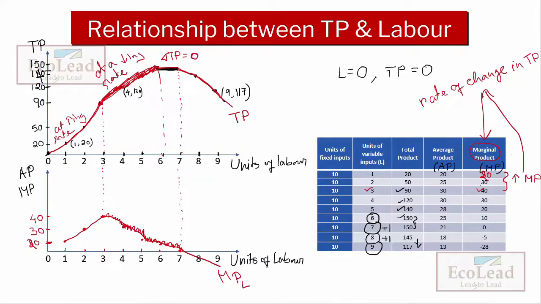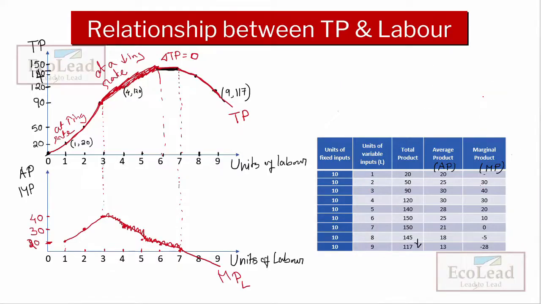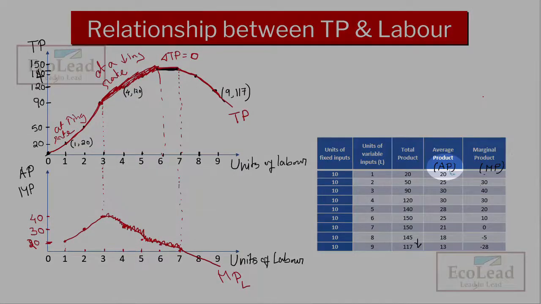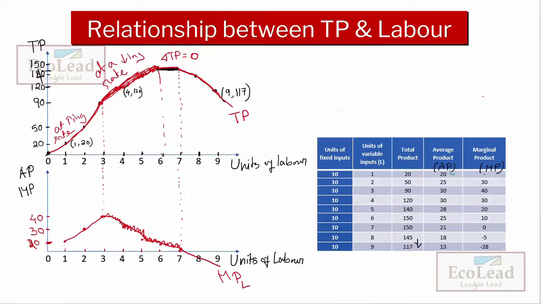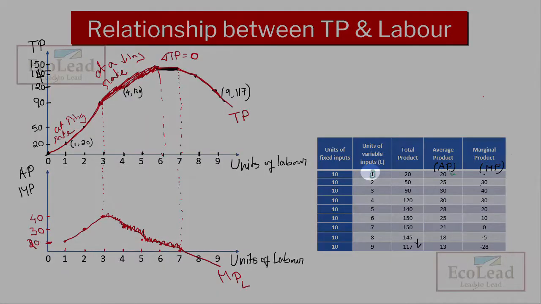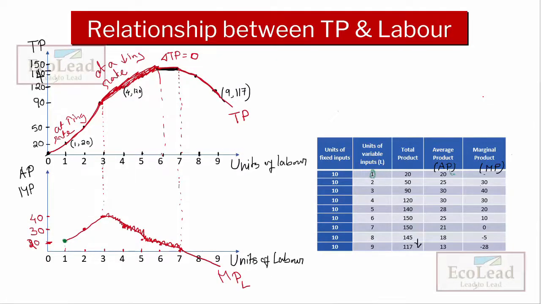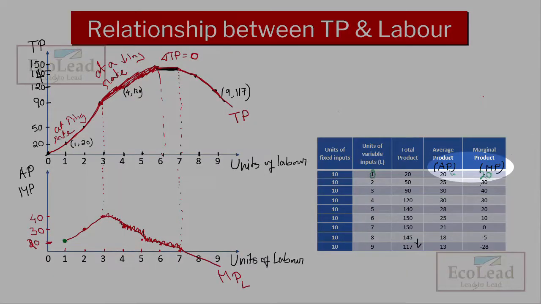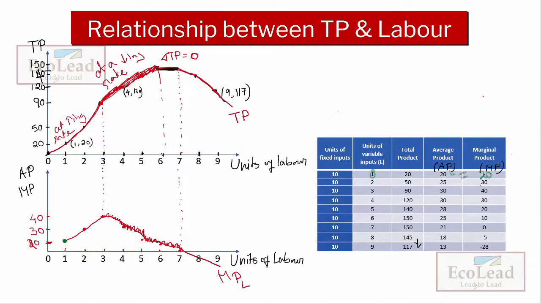Now we will plot the average product of labor, APL. When the first unit of labor was engaged, the value of the marginal product and average product is the same. We computed the marginal product as 20, so average product will start from the value 20. If we increase the labor by 1 unit, total units of labor is now 2, and the value of the average product is 25.